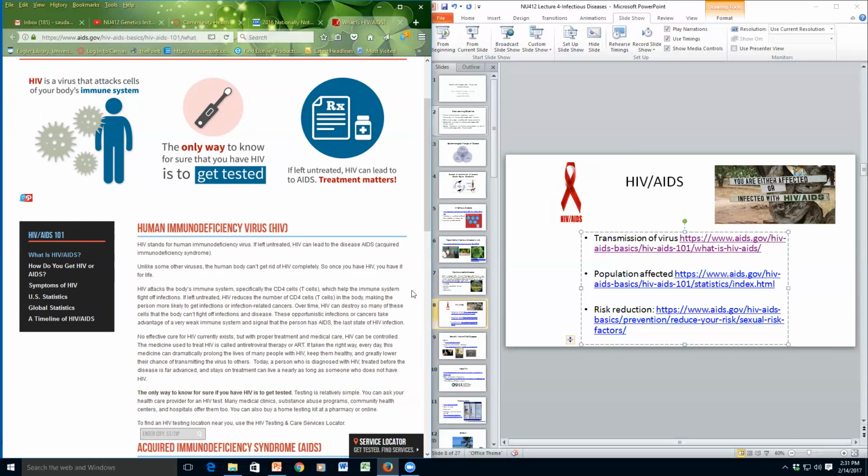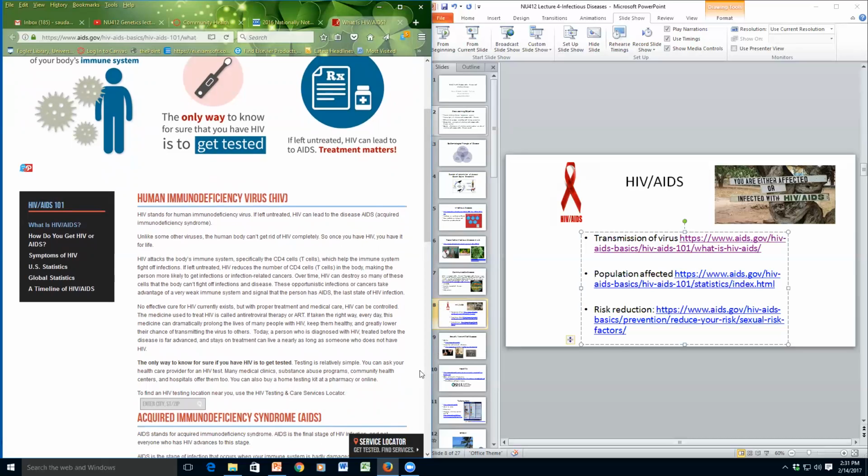One of the challenges of HIV is that it makes you more susceptible to some specific types of infections or infection-related cancers. The best and only way available to us to determine whether somebody is HIV infected is to have a simple blood test.